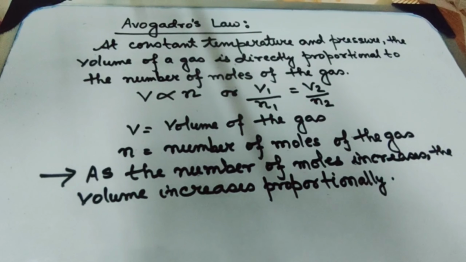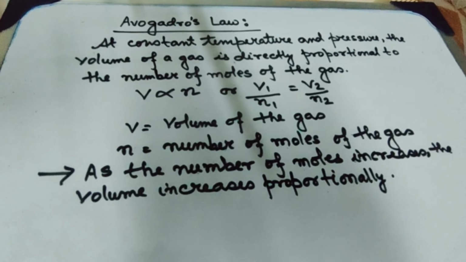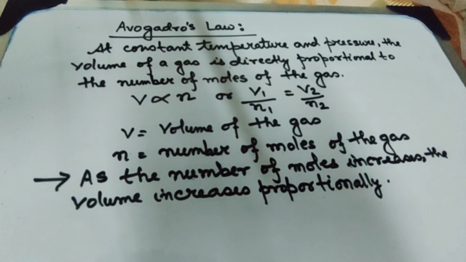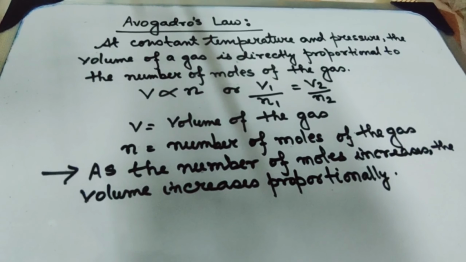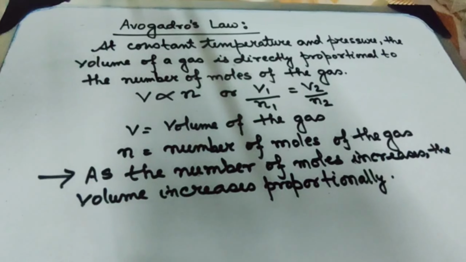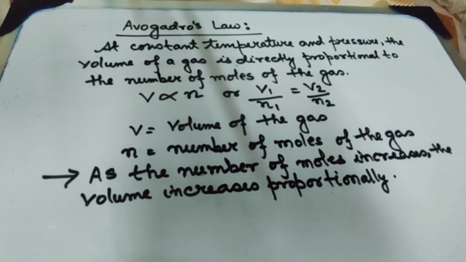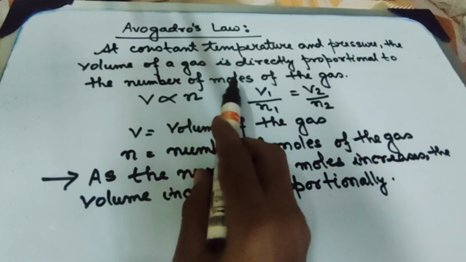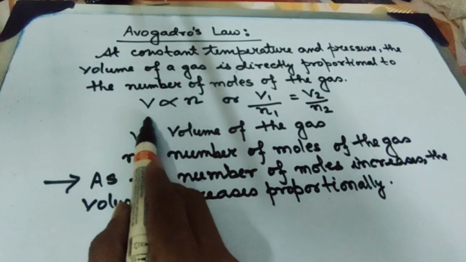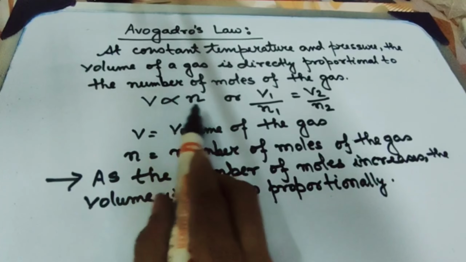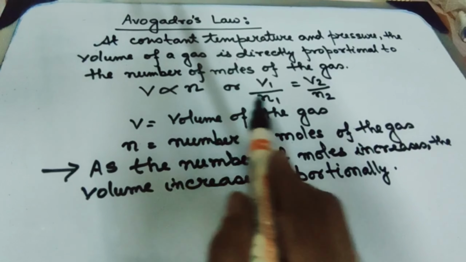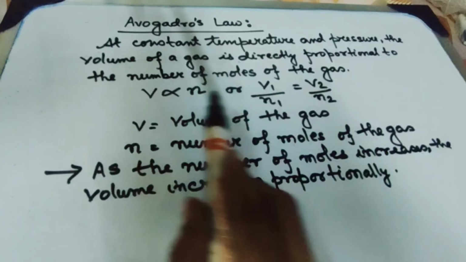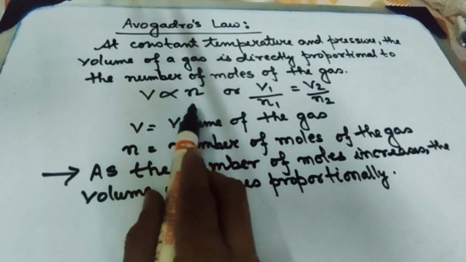Avogadro's law: at constant temperature and pressure, the volume of a gas is directly proportional to the number of moles of the gas. Meaning if temperature and pressure conditions are constant, then volume of the gas is directly proportional. If V is the volume of the gas, this is directly proportional to number of moles of the gas. If I consider number of moles of the gas to be small n, then V is proportional to n.